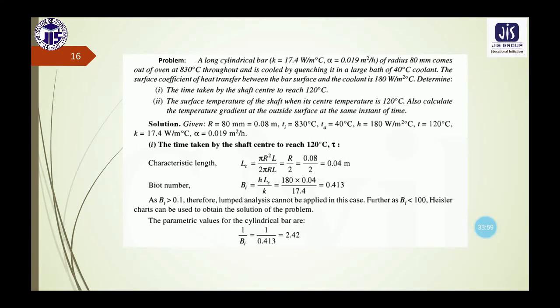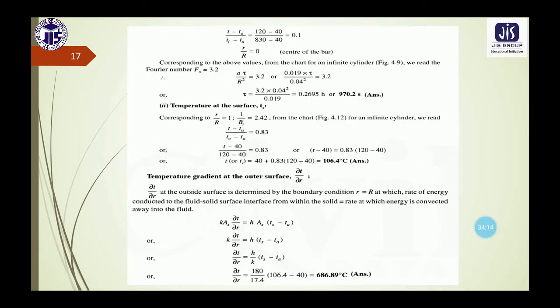The Heisler chart for the cylinder we need to use to calculate the time taken and the surface temperature of the shaft. With a similar procedure, we can easily calculate all these required things. This numerical is not very complex, we only need to use the Heisler chart for the cylinder.